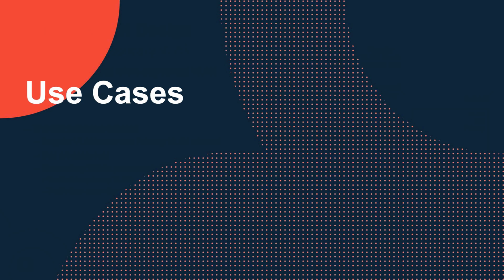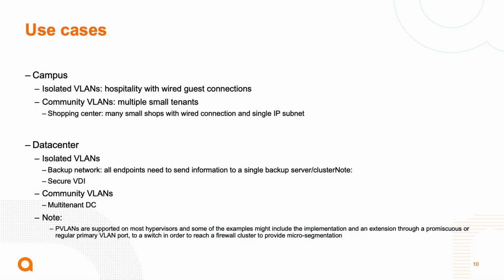Some use cases. Let's start with some campus use cases. And again, we have isolated VLANs and community VLANs. Isolated VLANs can be used, for example, for hospitality, where you have in the guest rooms wired connections, and suppose that you have only one of them per room. In that case, you want all of these ports to be isolated from each other.